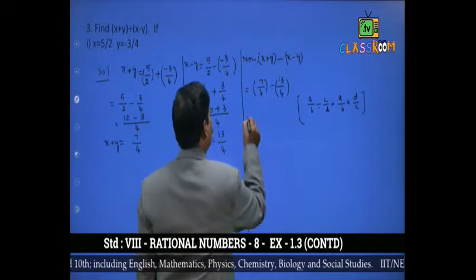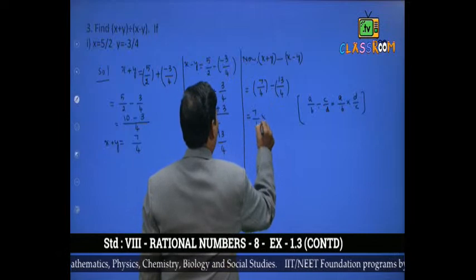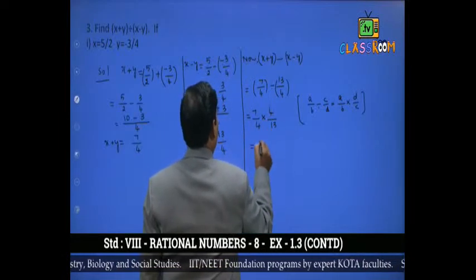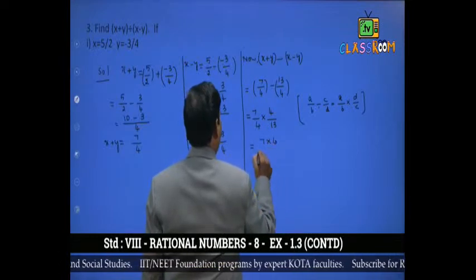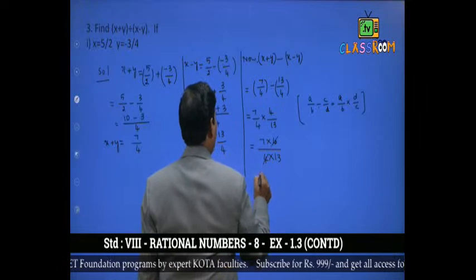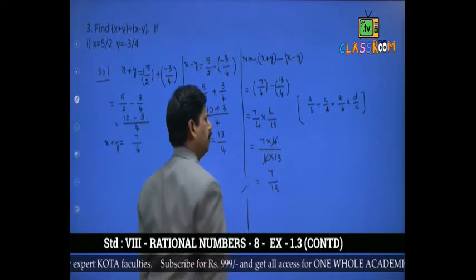So this will be 7 by 4 into 4 by 13. Now this is 7 into 4 by 4 into 13, so that 4 and 4 get cancelled and we get the answer 7 by 13.